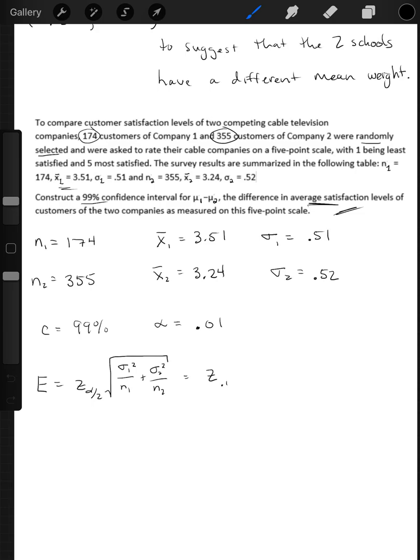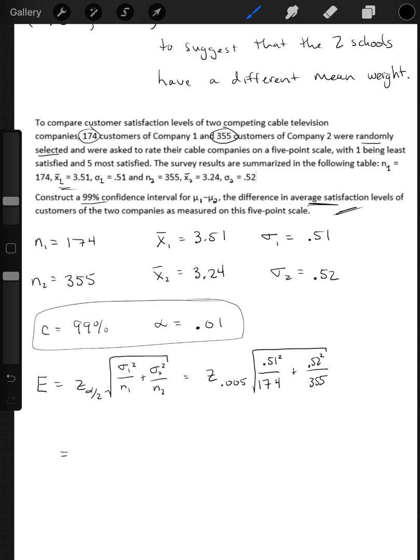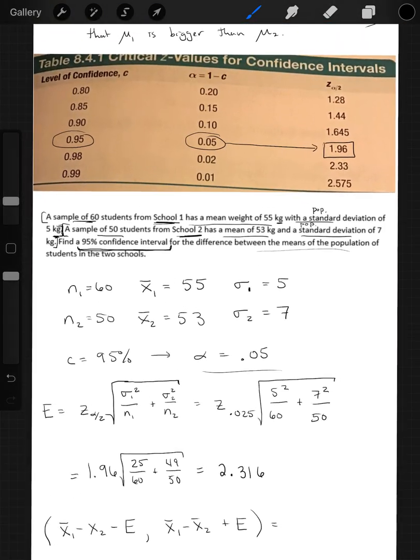So it's going to be Z 0.005 times the square root of 0.51 squared over 174 plus 0.52 squared over 355. So first let's find that Z sub alpha over 2. Right? Remember for this chart, this is what we're looking at. If it was the T chart, we look at the subscript. But for this chart, we're looking for these guys.